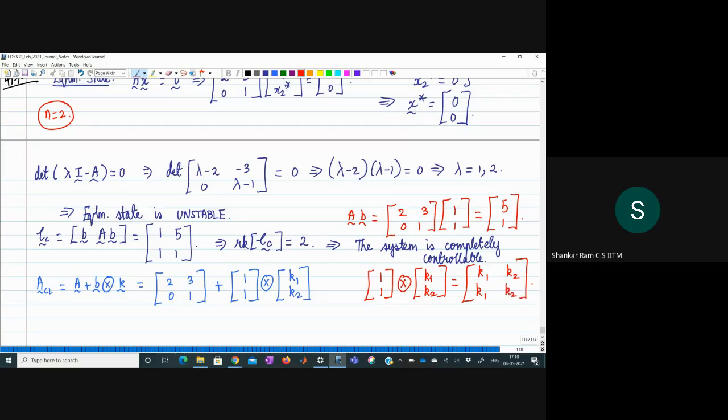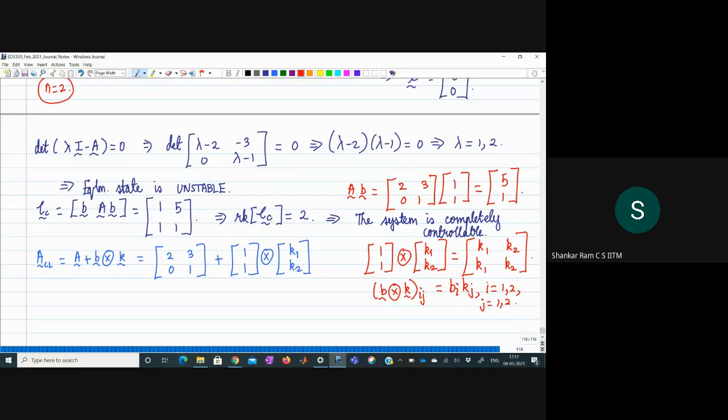Please remember this: the ijth element will be BiKj, with i going from 1 to 2, and j also going from 1 to 2 in this particular case.